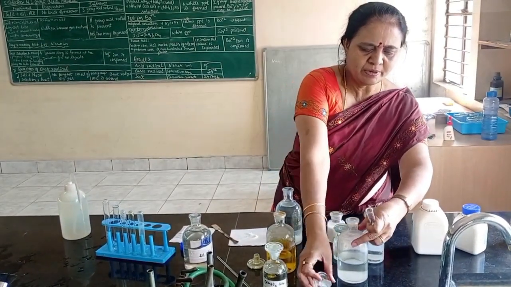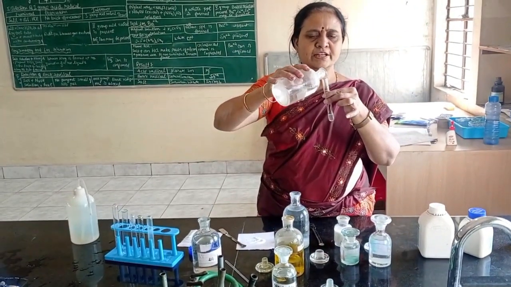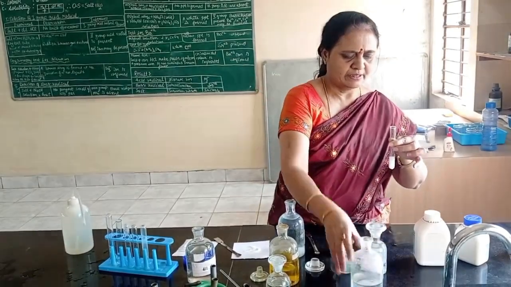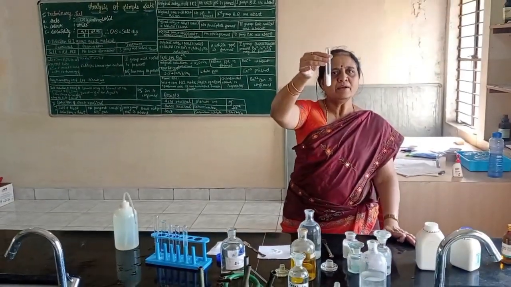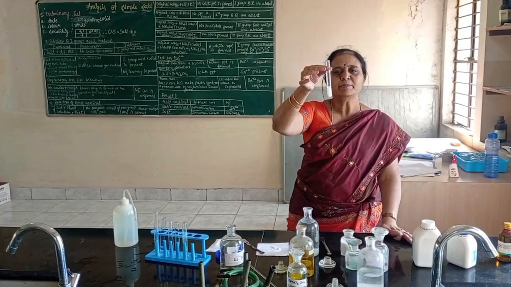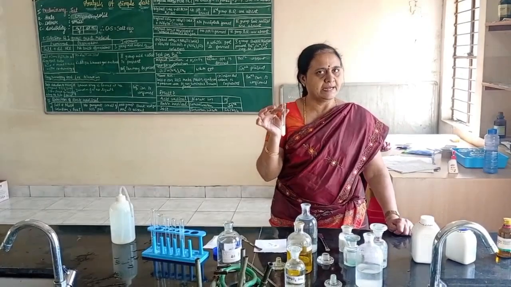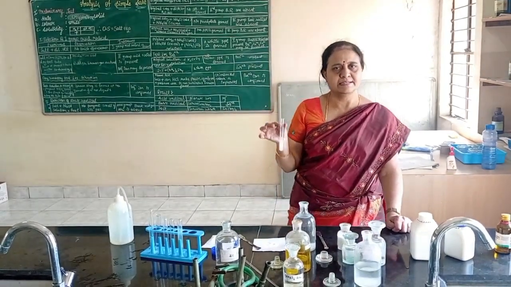For this, I am adding ammonium carbonate. See here, if I am adding ammonium carbonate, I am getting a white precipitate. Formation of white precipitate indicates that fifth group basic radical present may be barium, strontium or calcium.